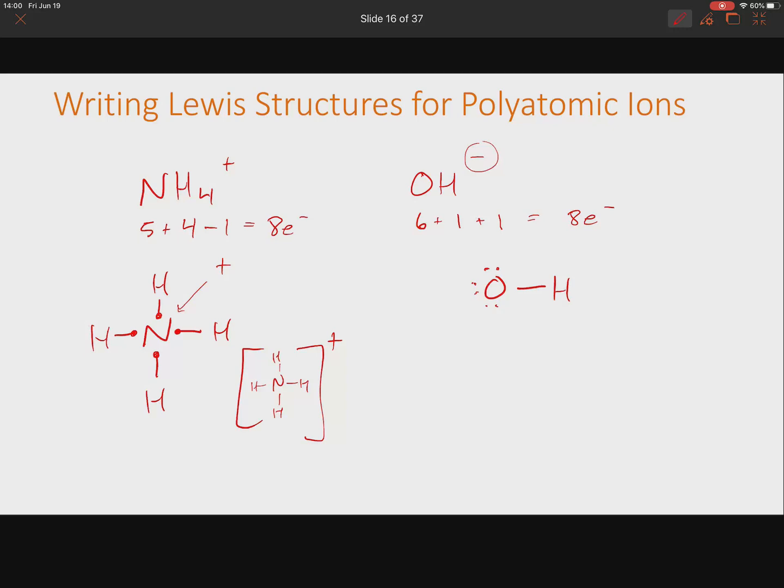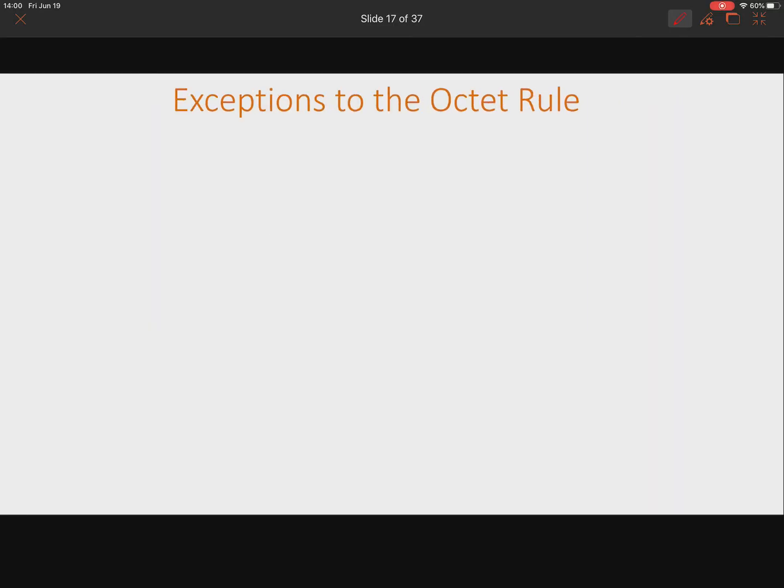We know that when oxygen has 6 electrons, it's happy. Right now it has 6 just on its own, and then a 7th one, so it gets the minus charge. But we would show it like that. All right, polyatomic ions. Add the electron for the negatives, remove the electron for the positives.